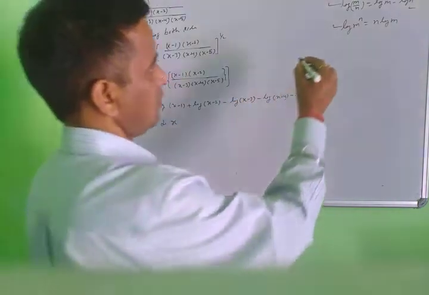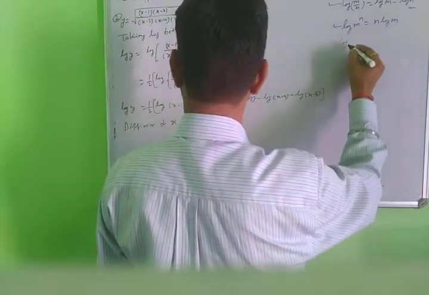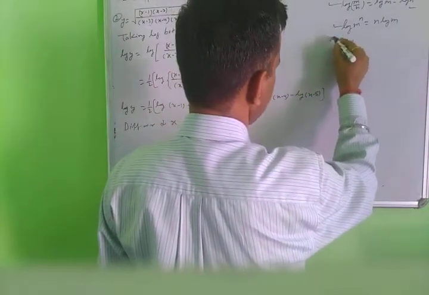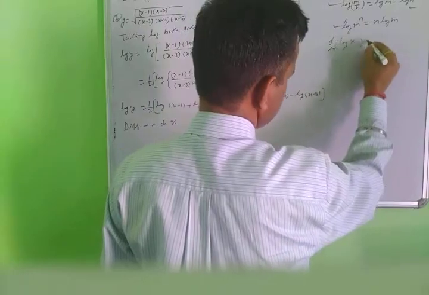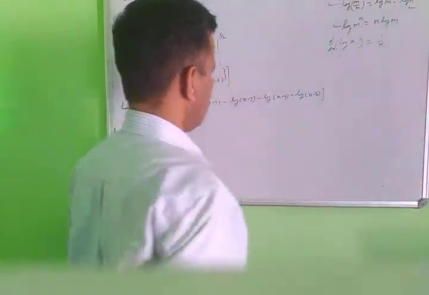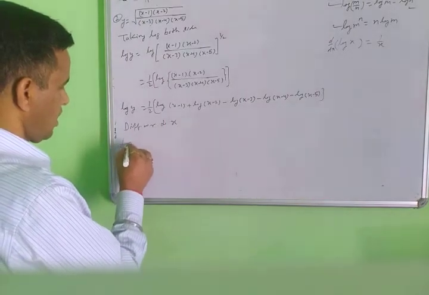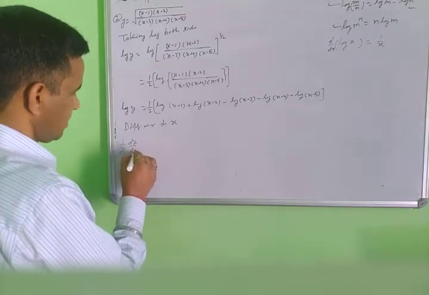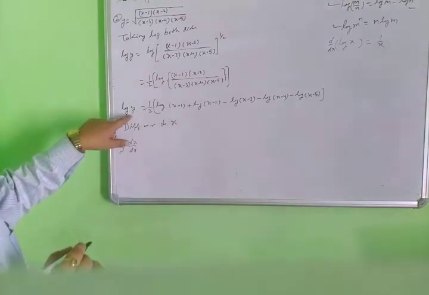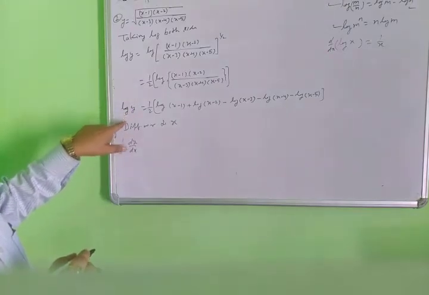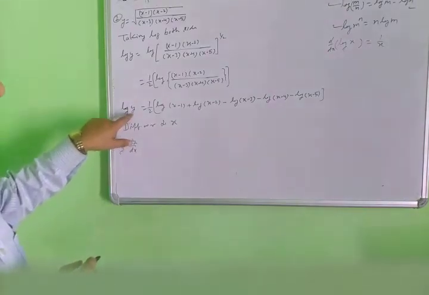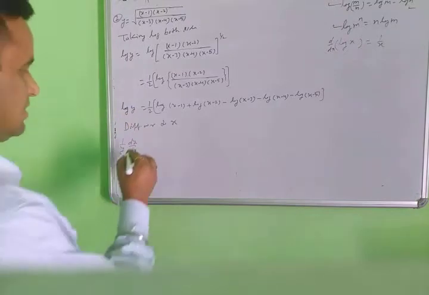So then log x differentiated is simple, 1 upon x. Then using this, 1 upon y and dy over dx, because here differentiating with respect to x, the derivative of log y means 1 upon y, again differentiate y, dy over dx.